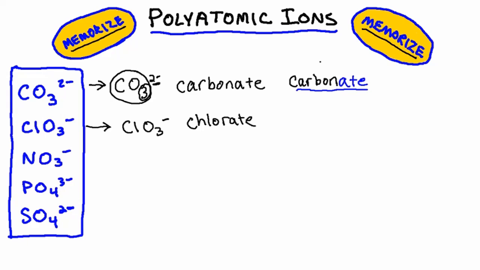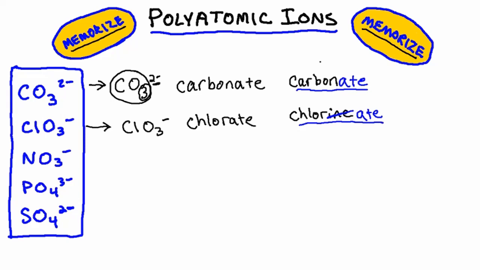And chlorate, the second one here, we're dealing with chlorine. Putting it together with 3 atoms of oxygen, we're just going to cross off this -ine, the last part of chlorine, and change that to -ate. So chlorate.